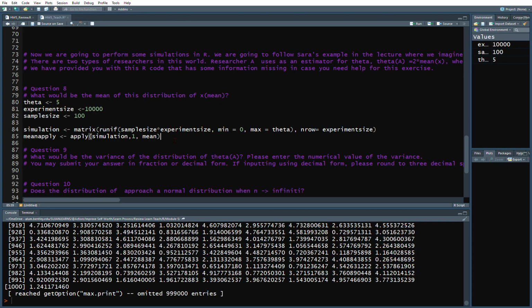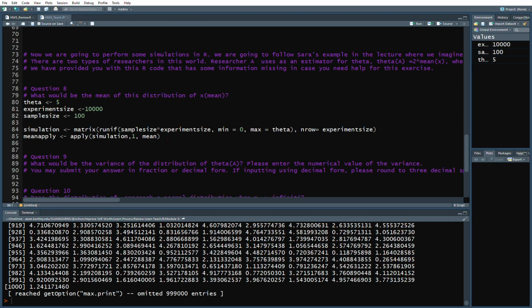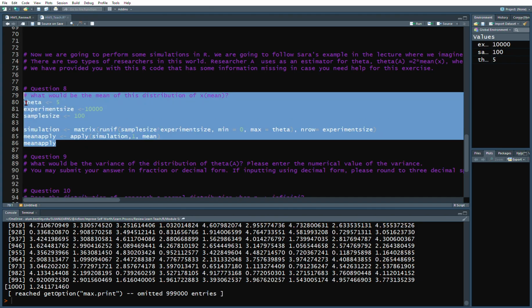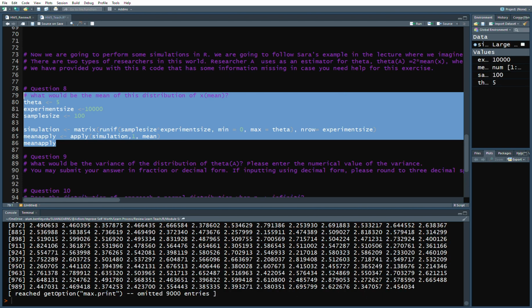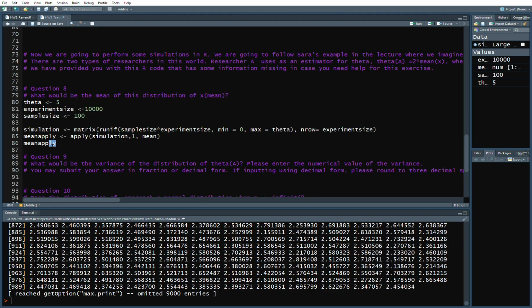Once we have it, let's display the value of mean apply. It will have around 10,000 entries.